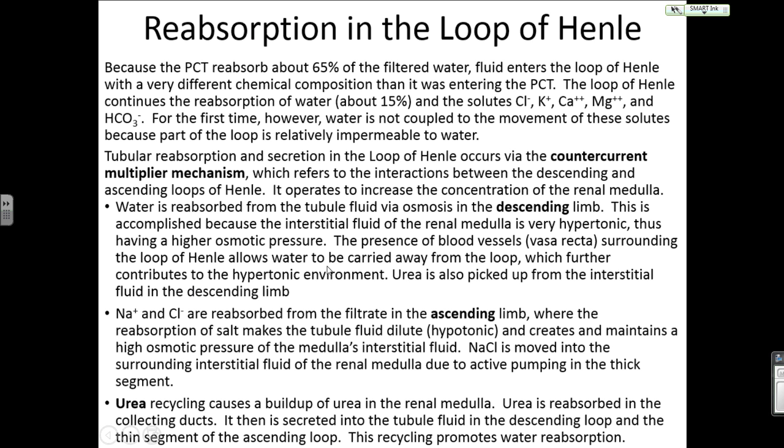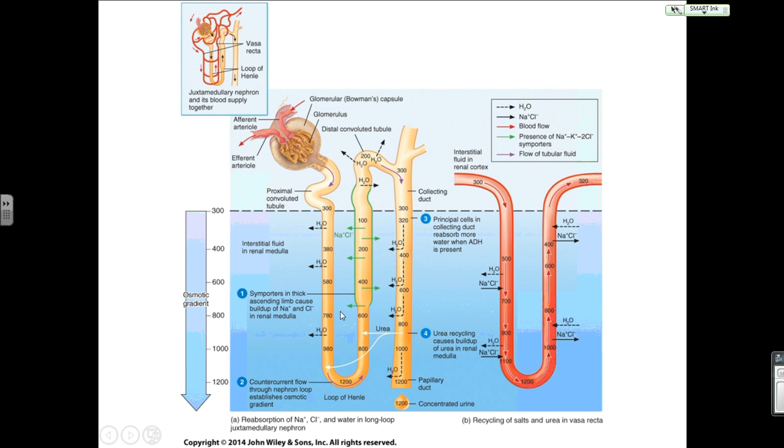We're doing another thing here, which is urea, and we're going to perform what's called urea recycling. If you pay attention to the figure, it'll show that pretty well. Right down here at the bottom of our figure, we're showing urea. Urea gets recycled because we secrete it, which means it goes into the tubule in the loop of Henle.